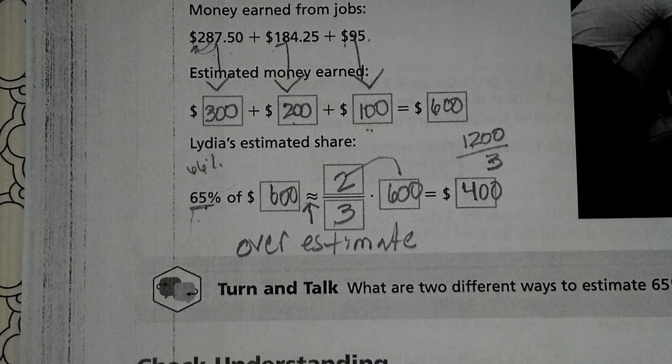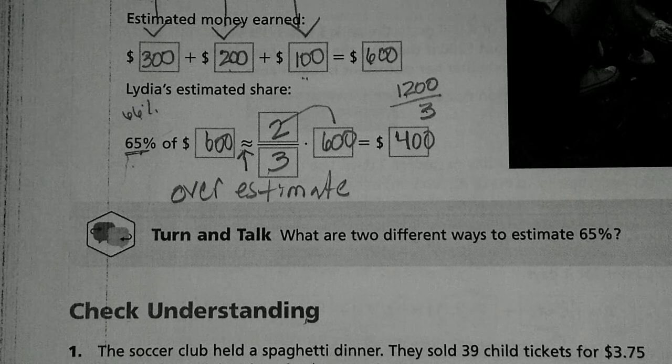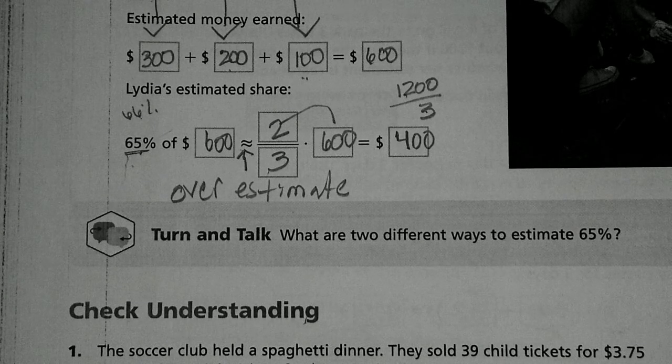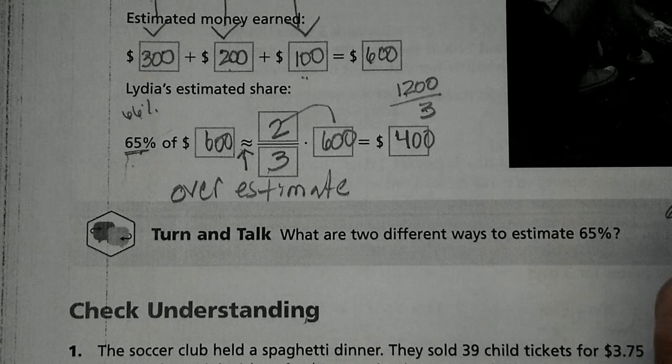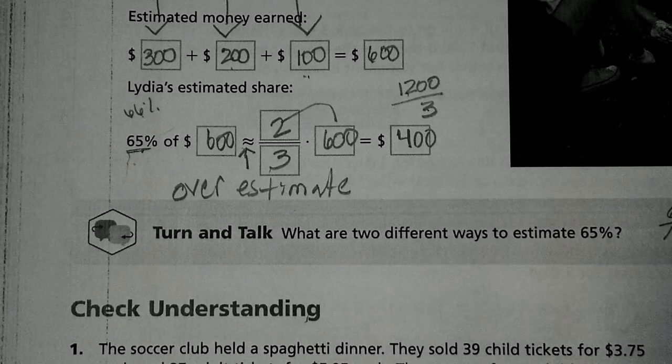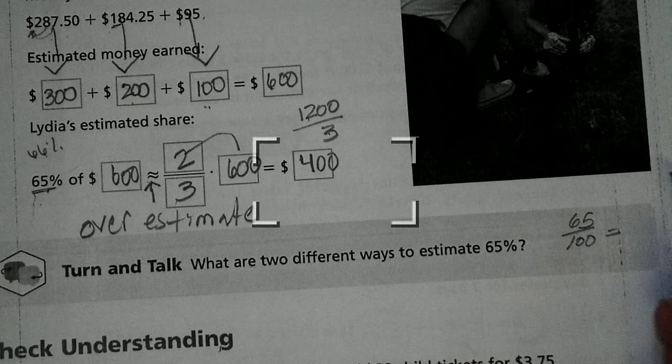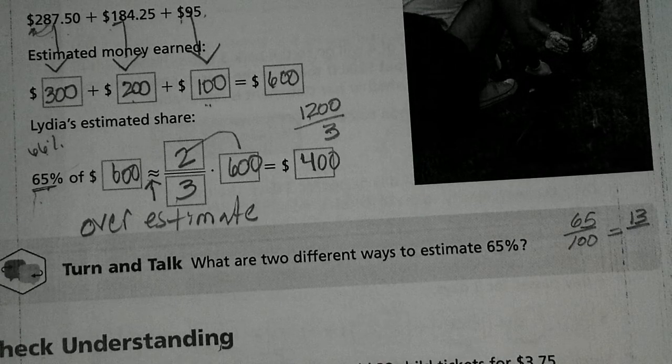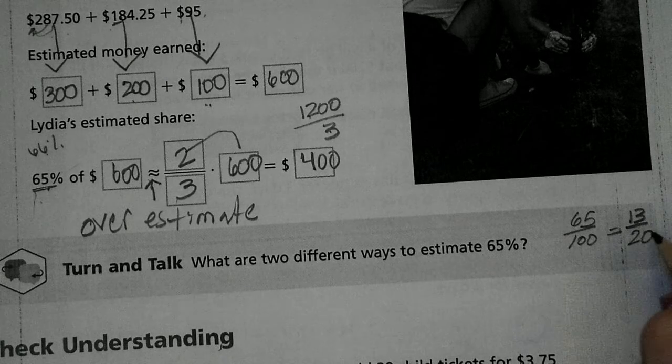All right. So then the turn and talk says, what are 2 different ways to estimate 65%? So 65 is one of those that if we simplify it, we end up with 13 over 20.